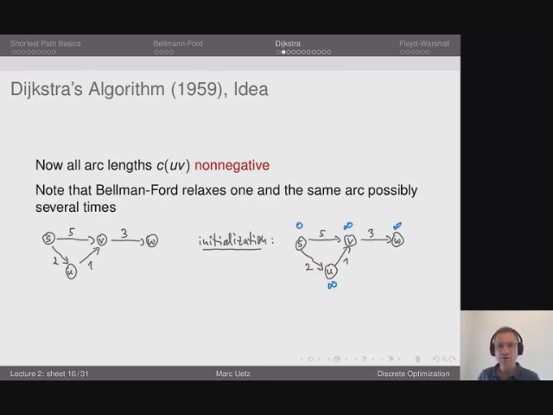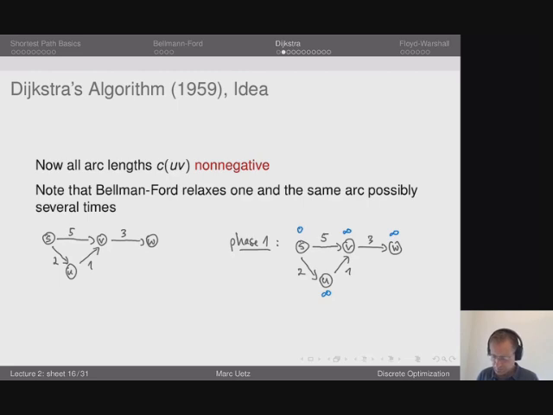So we do the first phase of the Bellman-Ford algorithm, and that means we are actually updating in the order of the edges. So this label gets updated to 5. Then we process the second edge. This label gets updated to 8. Then we process the edge from S to U, and this label gets updated to 2.